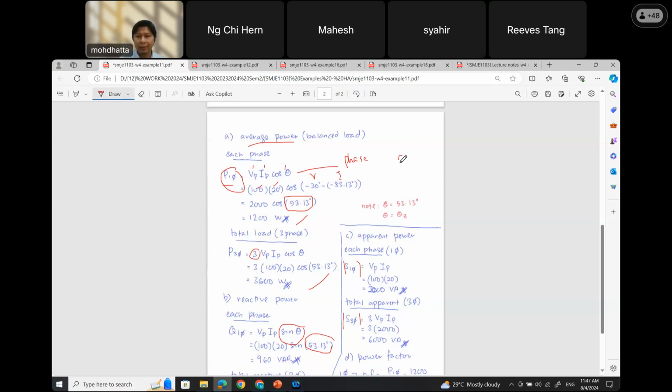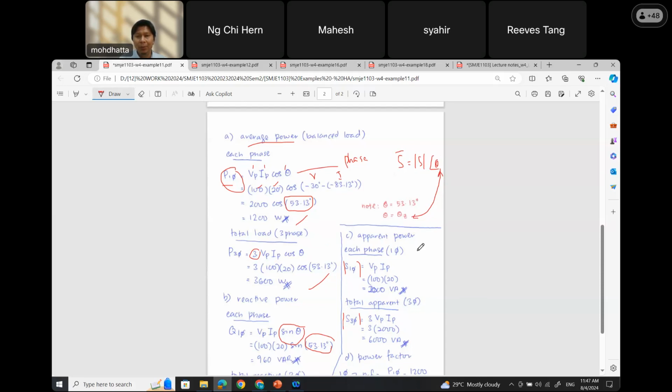Normally, if you consider S as a vector, it will come with the magnitude and also the angle of the complex power. Later on, you might find that this angle is actually the same value.